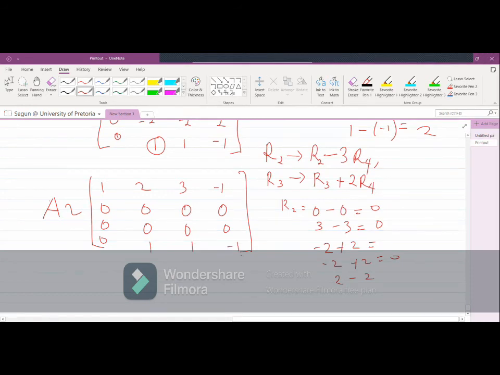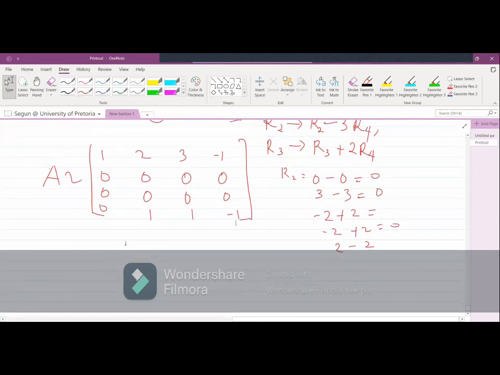So at this point, we might not have any other things to do rather than to do this switching. For us to switch, we can switch R2 with R4. That is, all the row 2 will move to row 4, and row 4 will move to row 2 because of our definition.